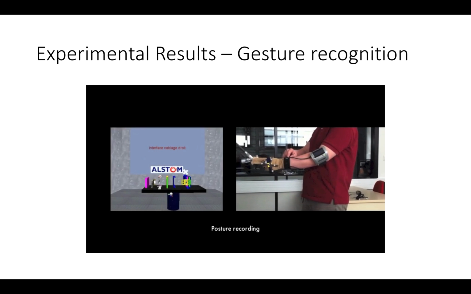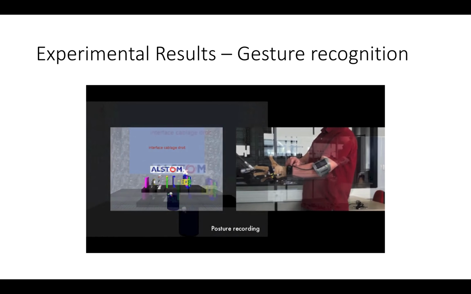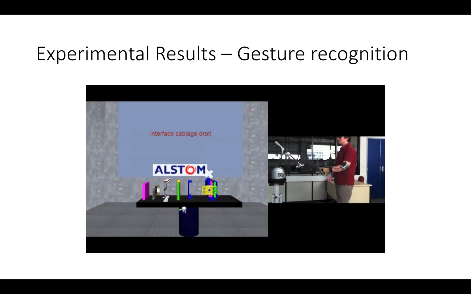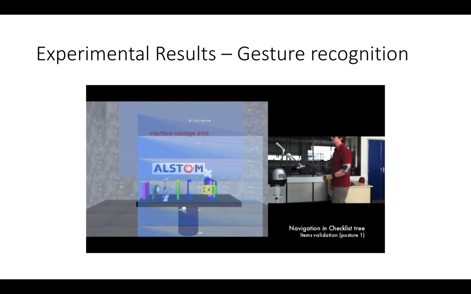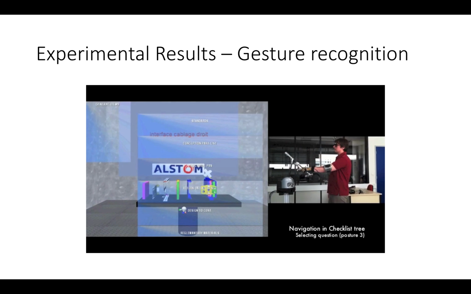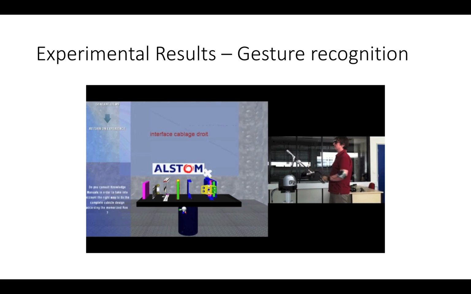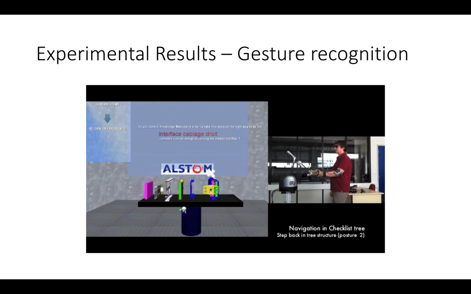So at this point you will see that the initialization is happening. Posture 1, item validation. Posture 3, selecting a question. Posture 1 again, question validation. Stepping back using posture 2.